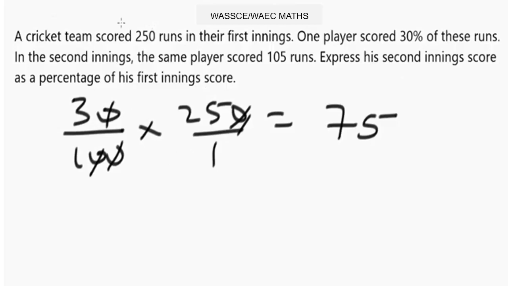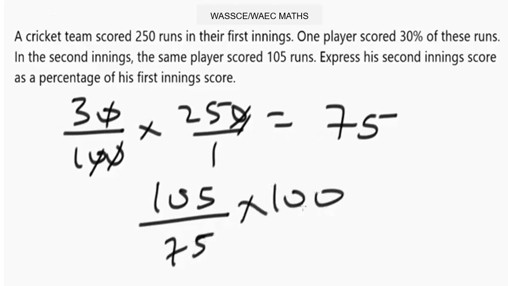So to do that, you begin by doing this. The same player scored 105 runs, that will be the runs of that player's second innings. That's 105 over the runs of the same player's first innings, that's 105 over 75 times 100 over 1.